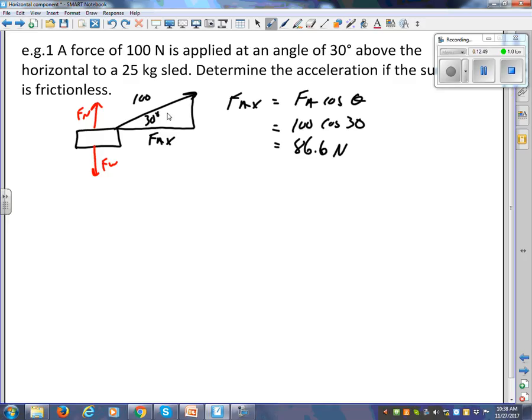But now, and I'm foreshadowing a little bit here, if there's an FAX, what would that one be called? Or does that one even exist? If some of that 100 goes sideways because you're at an angle, doesn't some of the 100 also go up? So what would you call that?